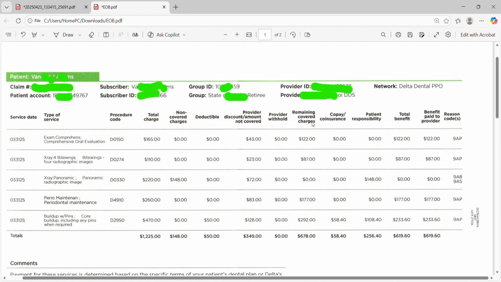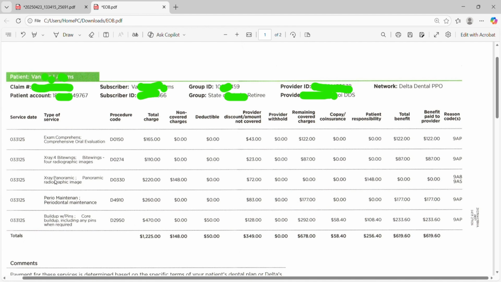The remaining covered charges is $122. This is the contracted amount of the insurance. Since this procedure is under preventive and preventive is covered 100%, the insurance also covered the whole contracted amount, which is $122. So the total benefit paid to provider is $122 as well.